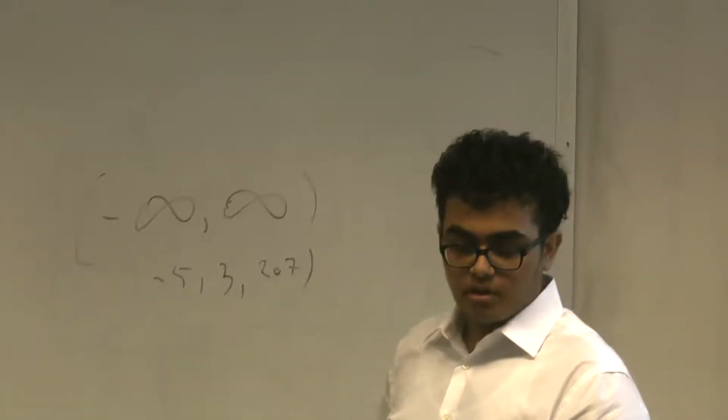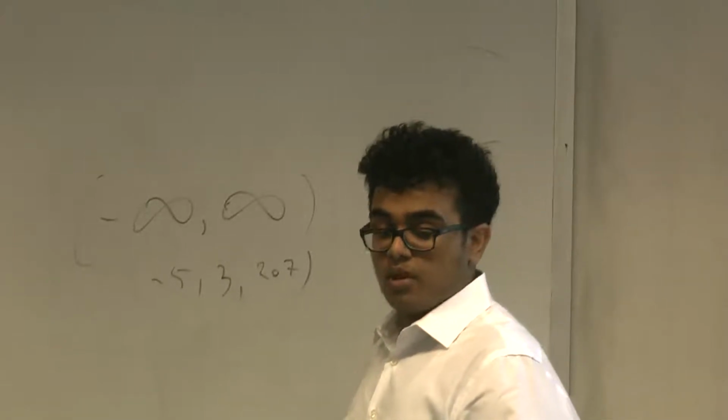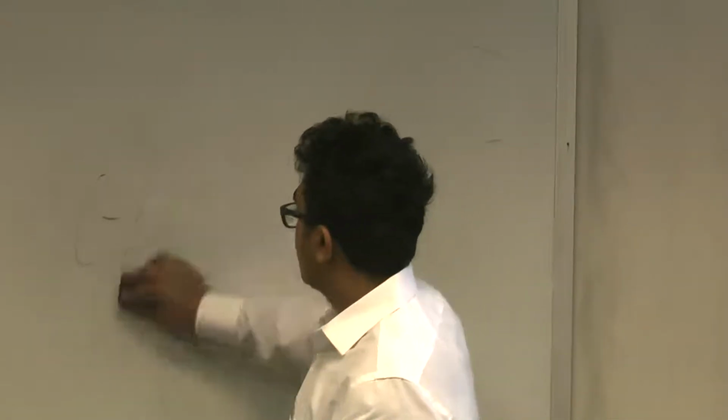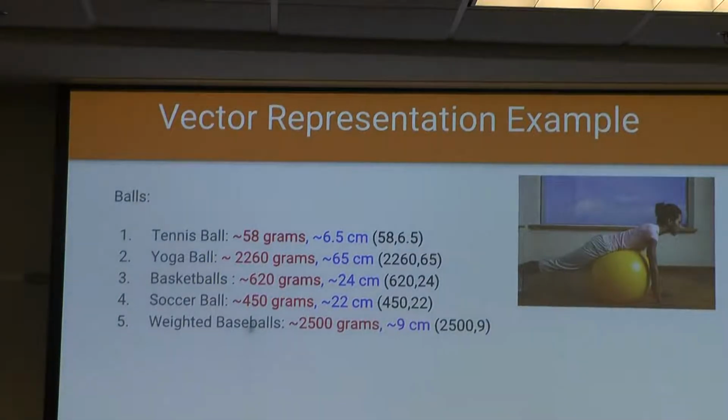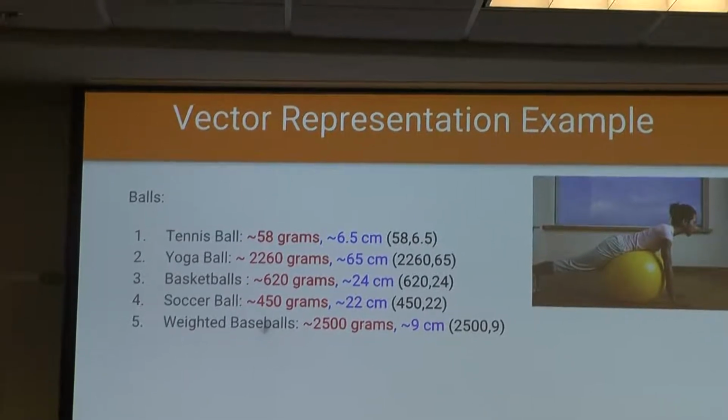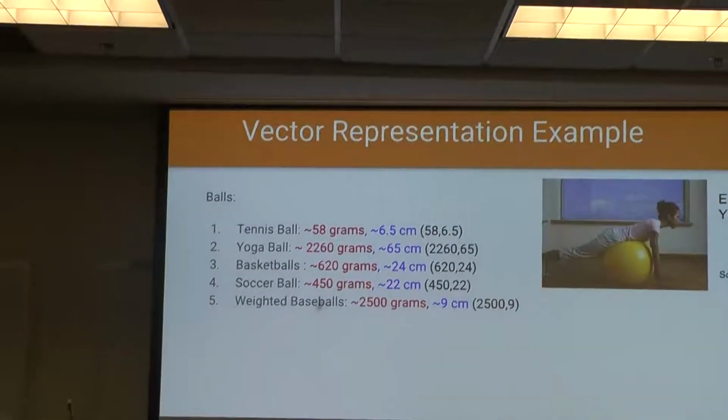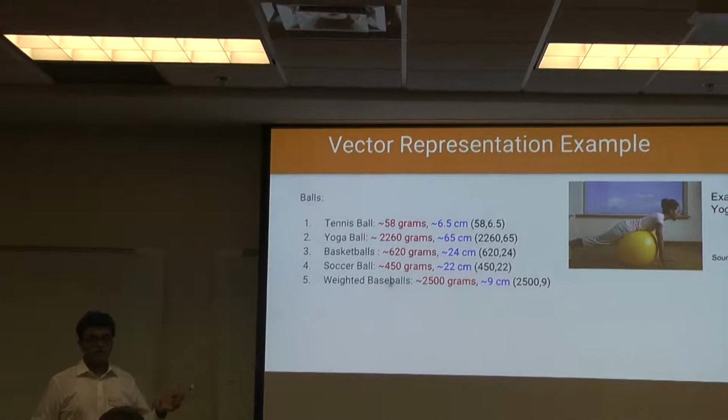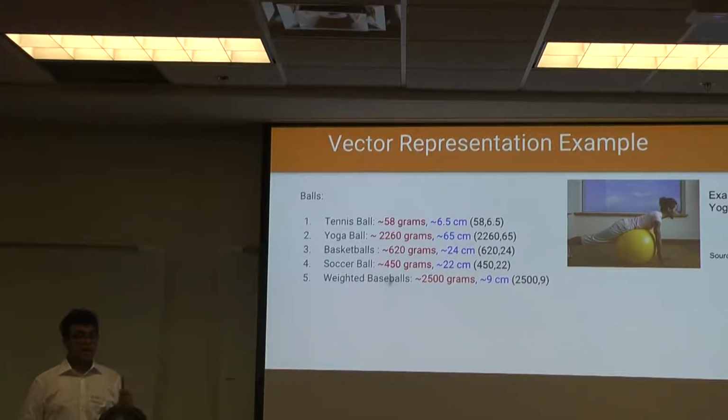I just said those. And one way we can represent pattern recognition is through representational vectors, which is what we'll talk about next. So let's say I had a study in which I had a tennis ball, soccer ball, and a weighted baseball. So I have the rough data estimated for each one of those balls, where in red I have the weight of the ball in grams, and then in blue I have the diameter of the ball.